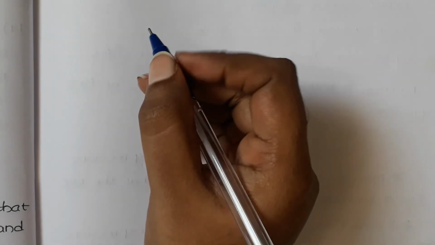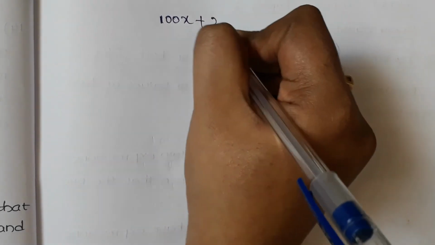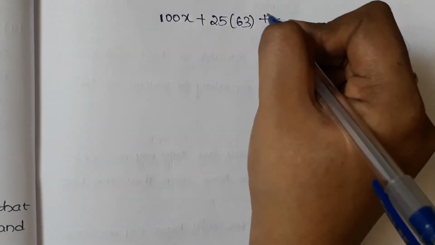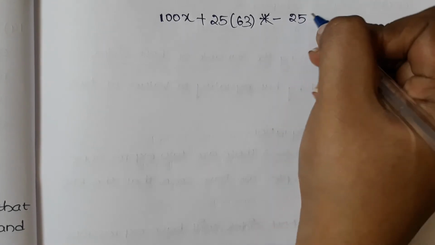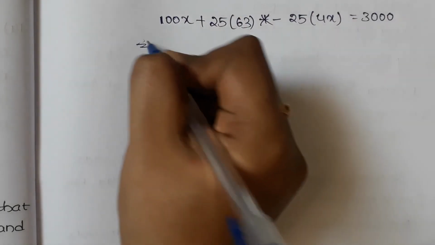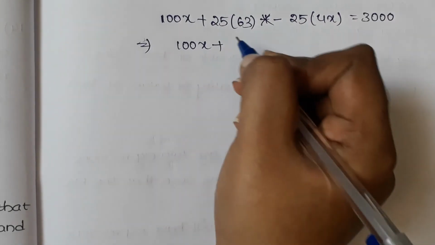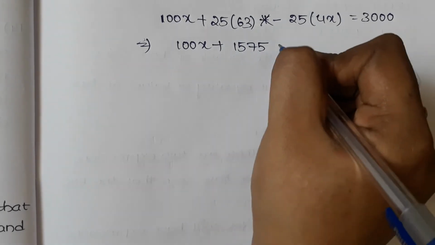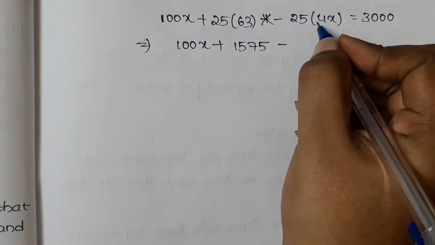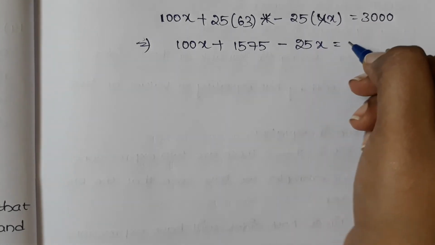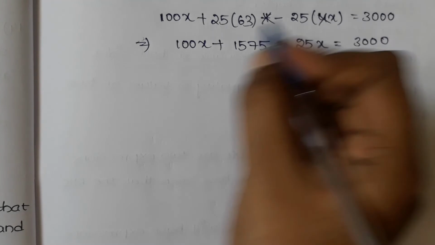That is 100x plus 25 into 63 minus 25 into x, that equals 3000. Now 100x plus 25 into 63 is nothing but 1575 minus 25x, that equals 3000.